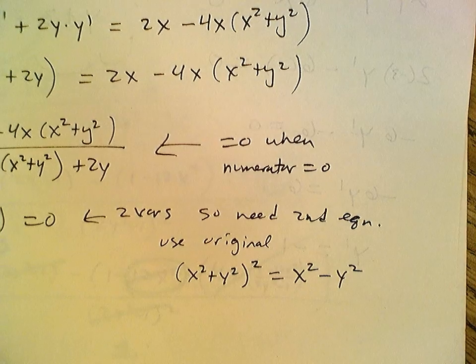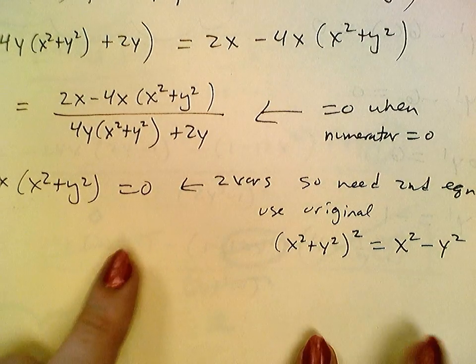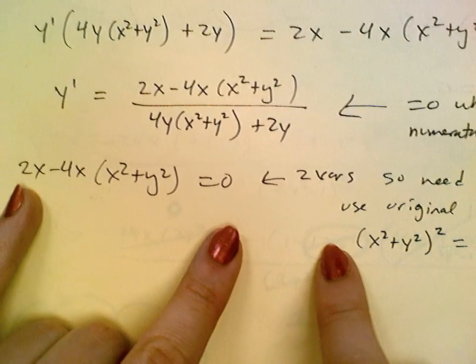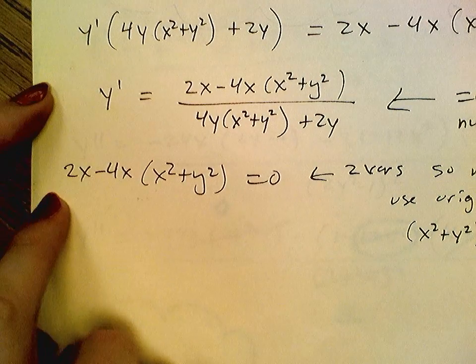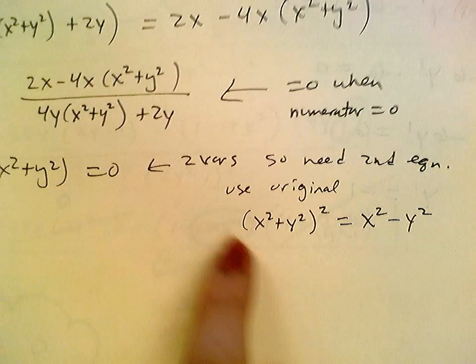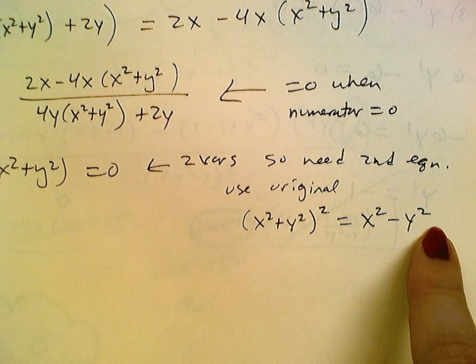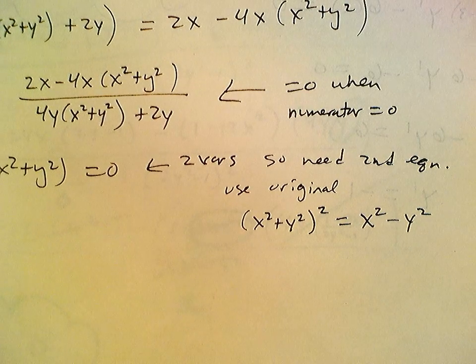This is a complicated system of equations, but it is a system of equations. So this is equation 1, this is equation 2, and you've got to solve for one variable in one equation and then plug it into the other.